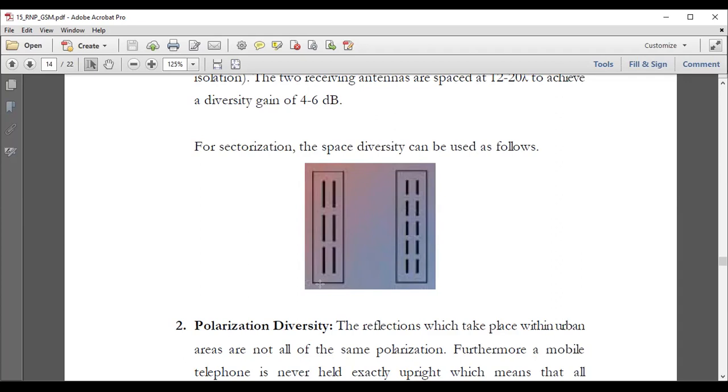They have an antenna array, a number of elements. If you look at the left one, for every antenna array you have three elements. Maybe I draw here.